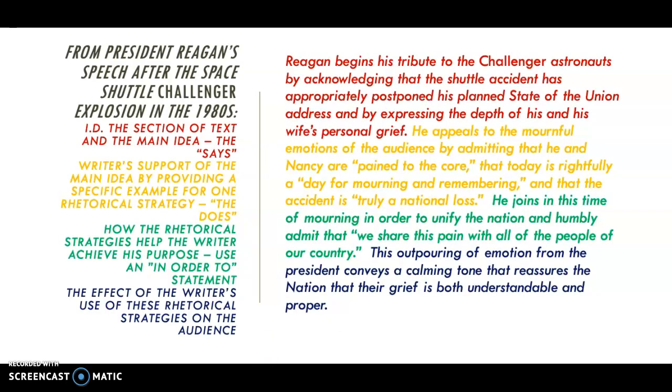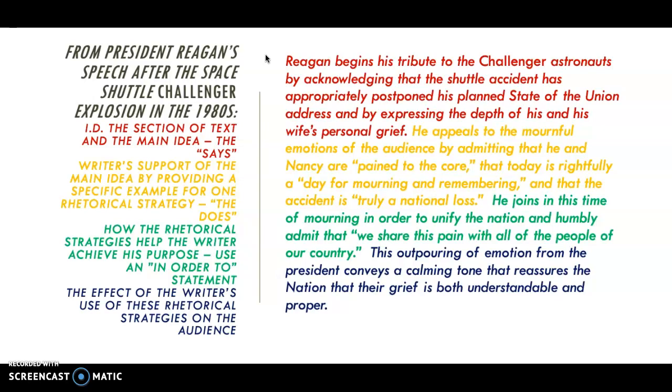Let's look at an example from President Reagan's speech after the Shuttle Challenger explosion in the 1980s. I'll read it through once and then break down the parts. Reagan begins his tribute to the Challenger astronauts by acknowledging that the shuttle accident has appropriately postponed his planned State of the Union address and by expressing the depth of his and his wife's personal grief.